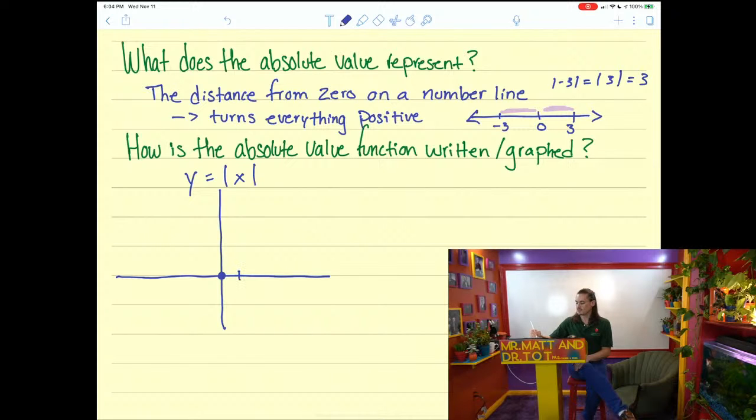So if we plot out some points here, and we're just doing a rough sketch, we're not doing anything fancy, and we take a table.